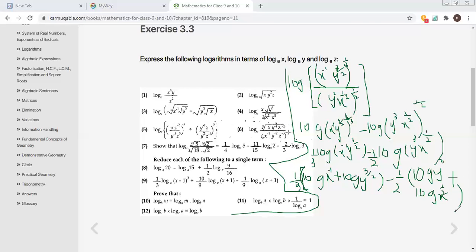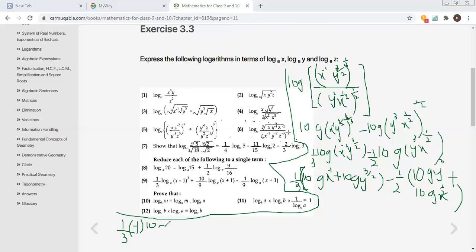Now class, open the brackets and multiply 1 upon 3 with the first term, and also solve the power issues. As you can see, the power is on the number, so we will multiply 1 upon 3 with -1, and then log of x.